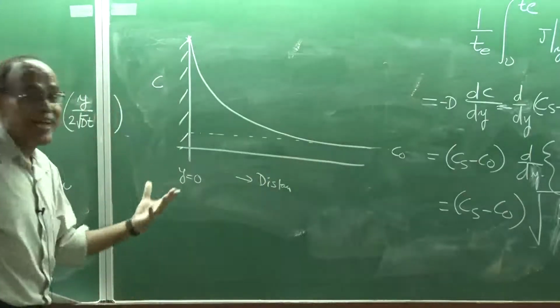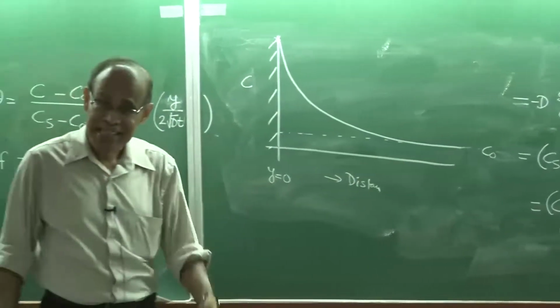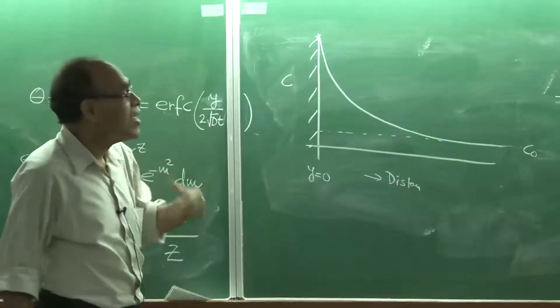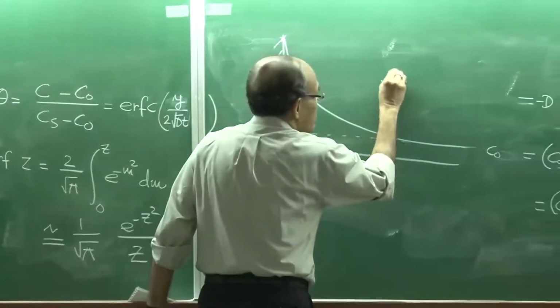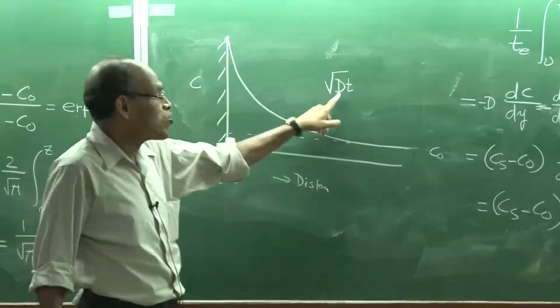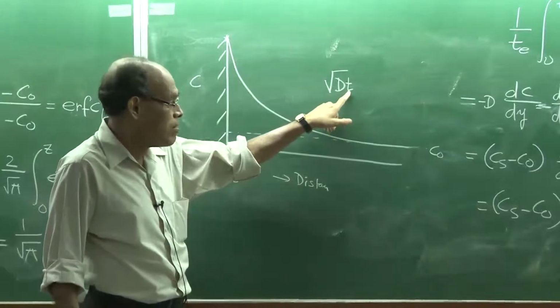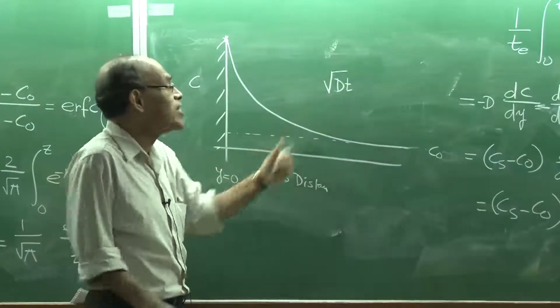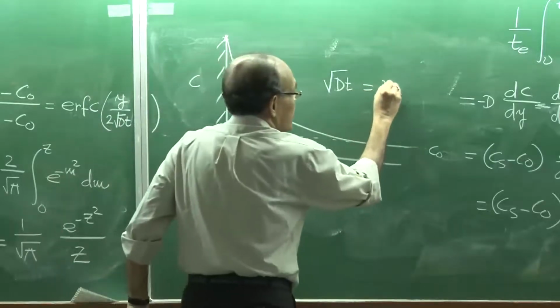So, we can say that there is a penetration distance, and we can also say that there is a nominal diffusion distance. Now, if you take this term, then this is meter square per second multiplied by second. So, it is meter square, square root of meter square is meter. So, that means this term gives you a distance.